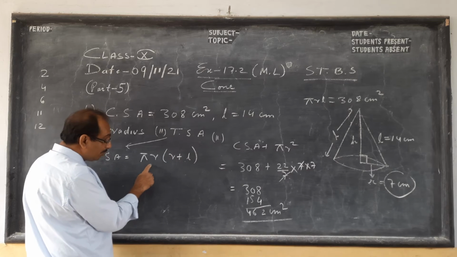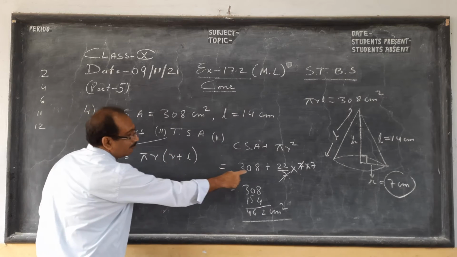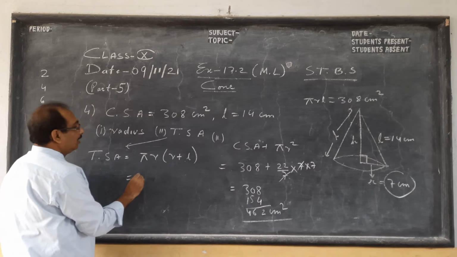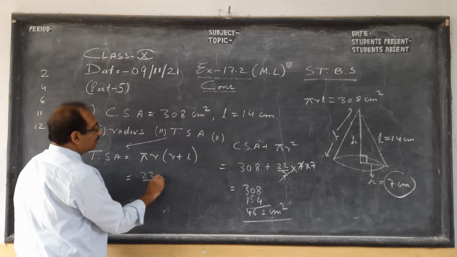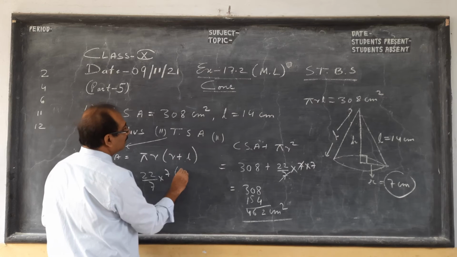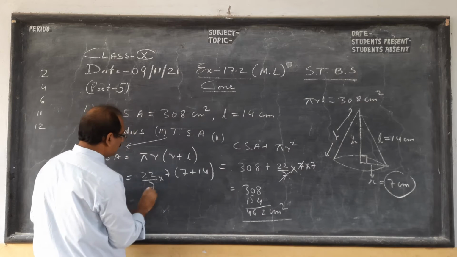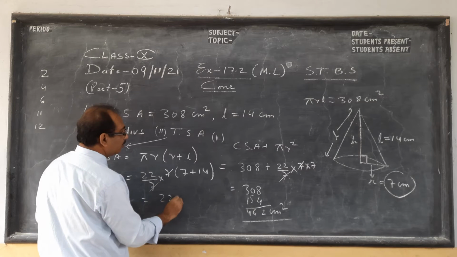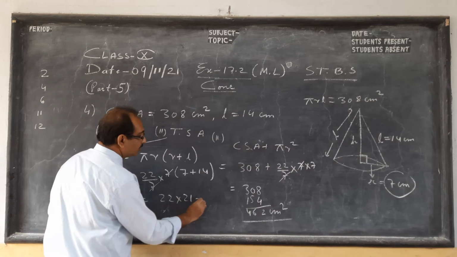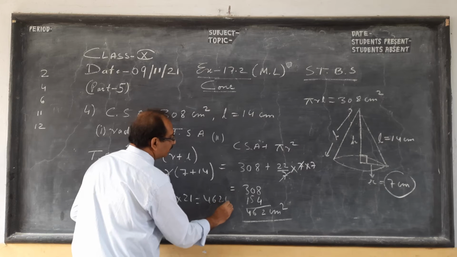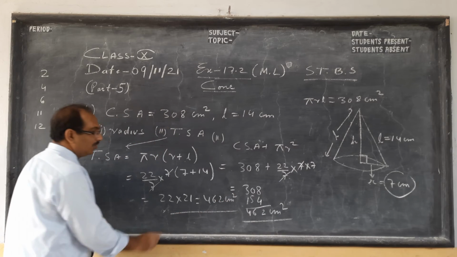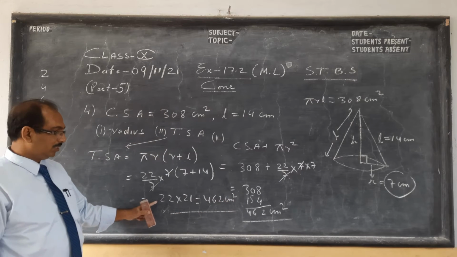Okay, this is nothing but pi r square plus pi r L. So this is 22 by 7 into r, which is 7, into 7 plus L, which is 14, centimeter square. So this will cancel. 22 into 21 will also give you 462 centimeter square. Okay, same thing you will get.